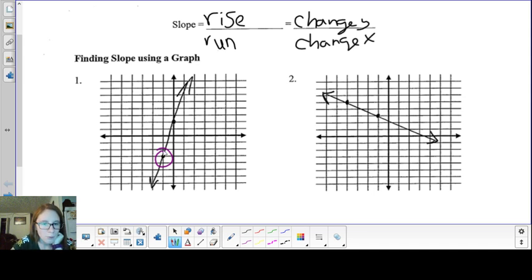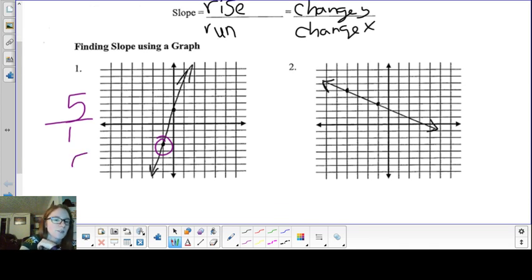So I'm going to go up 1, 2, 3, 4, 5. And then I'm going to go to the right 1. And usually this is in terms of a fraction, so we're going to reduce it. So 5 over 1 is just 5. So this graph has a slope of 5.